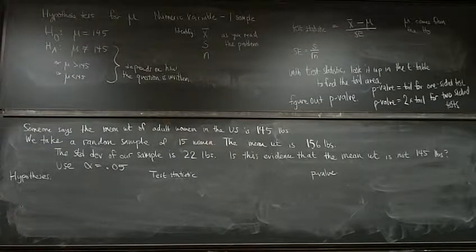No, it says the mean weight of adult women in the US is 145 pounds, the mean weight is 156. I know, but at the end it says is that evidence that the mean is not 145. That's what I thought, that's the answer. She said the same thing. Oh, that is your answer. Oh, but I'm way back there. Oh, I see. I'm way off that.